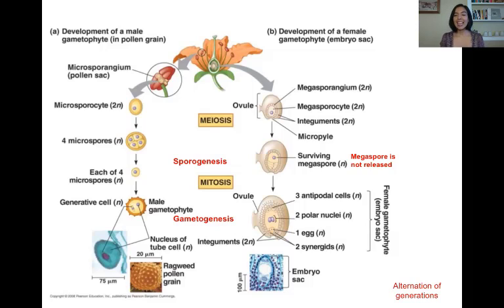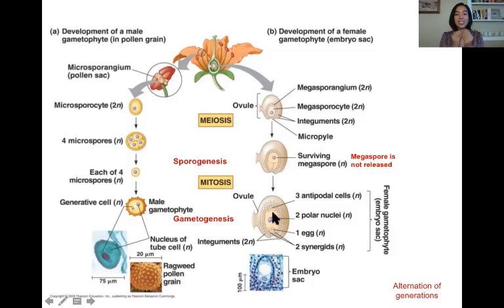In this case, the megaspores get retained, and they go through mitosis inside of the sporophyte, right? So we have now 1 megaspore here, and now through mitosis, we have formed this female gametophyte that has 7 cells and 8 nuclei. This is gonna be important later on.